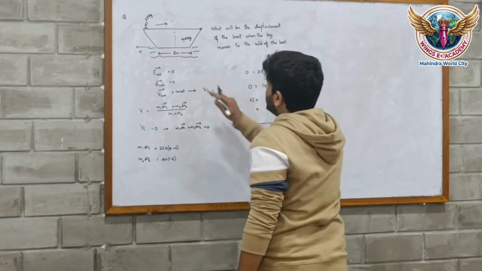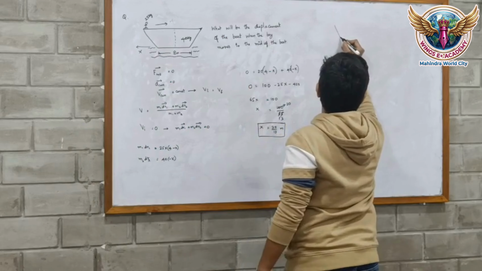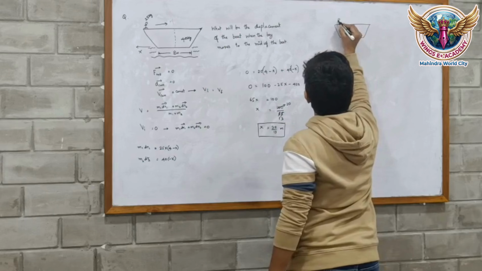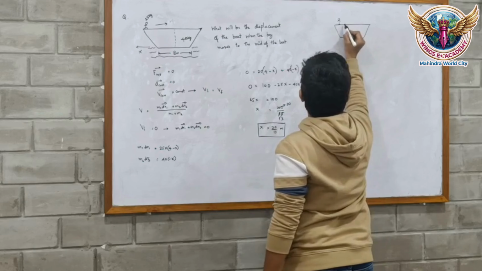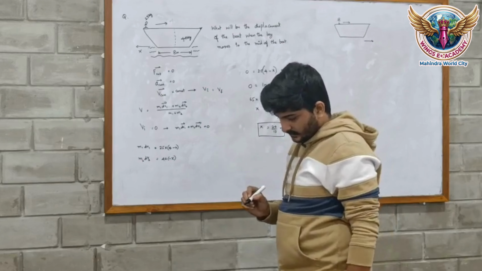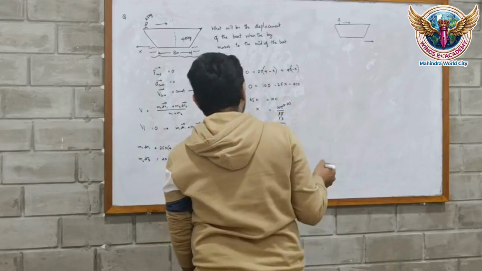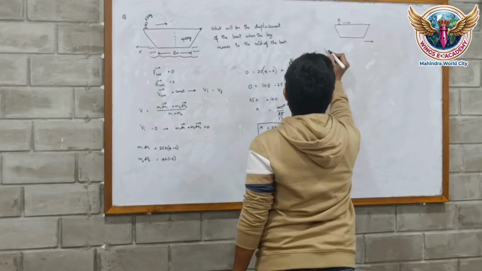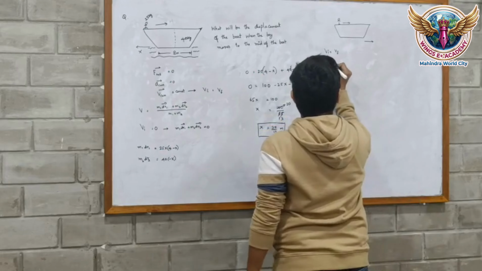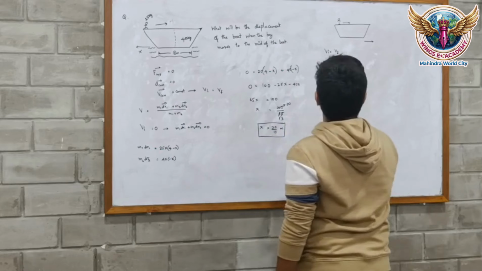Okay, let's consider the boat is like this. There is a boy, right? He is moving this side, and I consider that the boat is also moving in this direction. So if I solve the same way, V initial is equal to V final, right? V initial is 0.